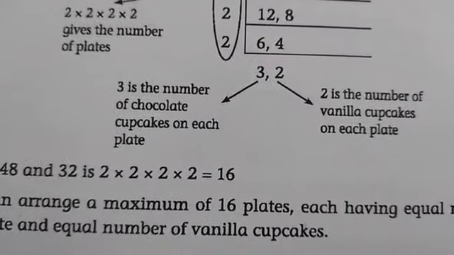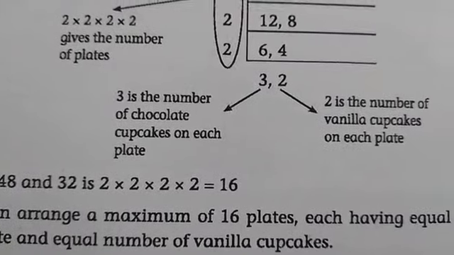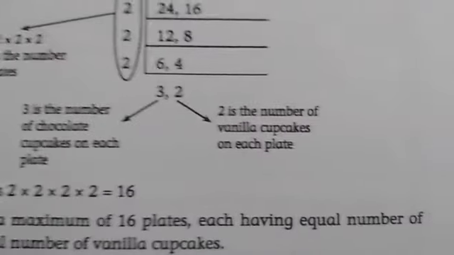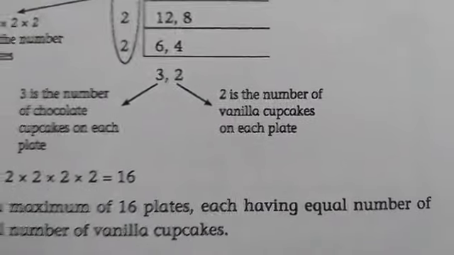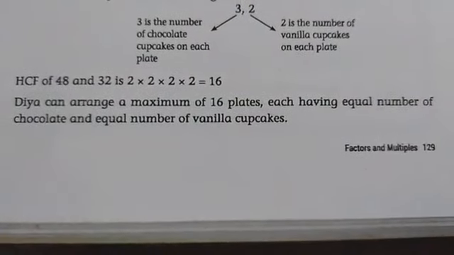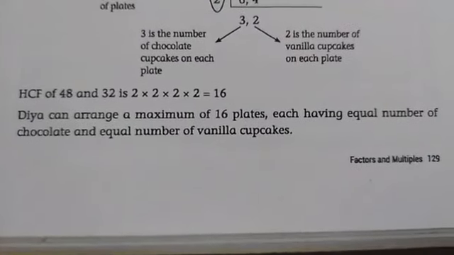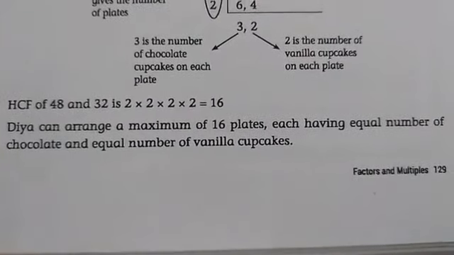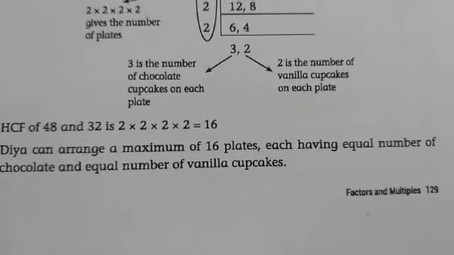Each plate, how many chocolate cupcakes? 3. How many vanilla cupcakes? 2. So Divya can arrange a maximum of 16 plates, each having an equal number of chocolate and vanilla cupcakes. Okay. This is my today's class.